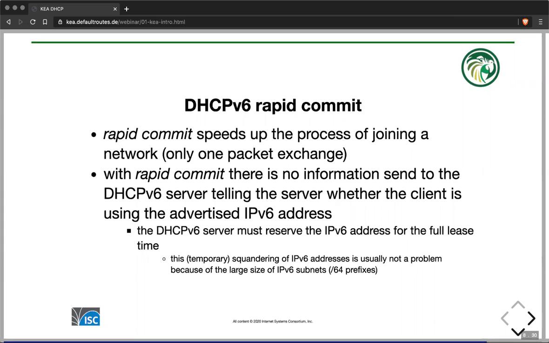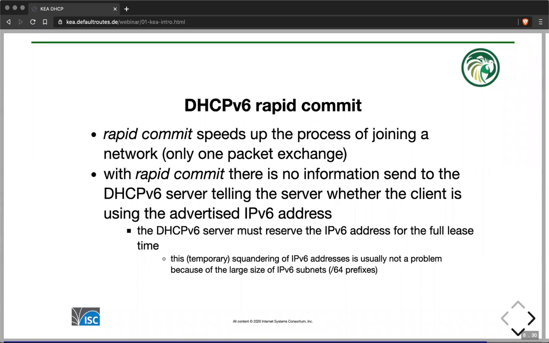So with rapid commit, there is no information sent to the DHCP server that the client is actually using the advertised IPv6 address. In rapid commit, the client asks for an address, one or more servers advertise an address, and then the client just uses one of the addresses without telling the DHCP server that this address is in use.